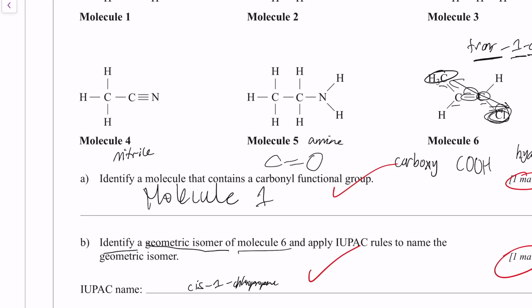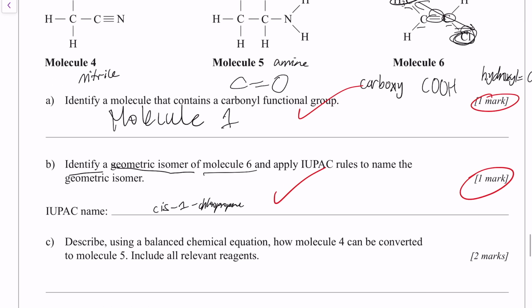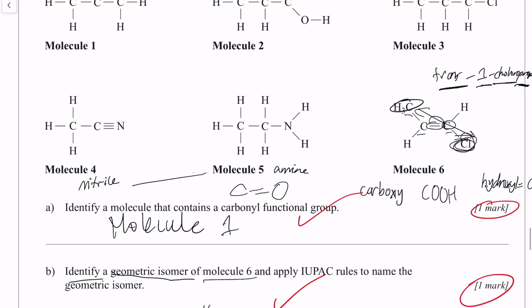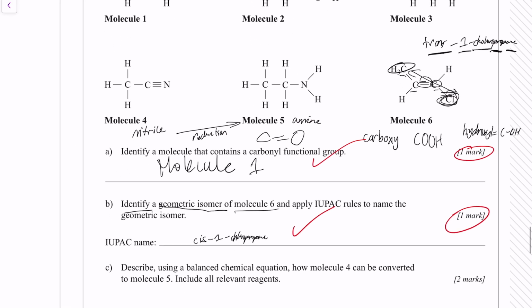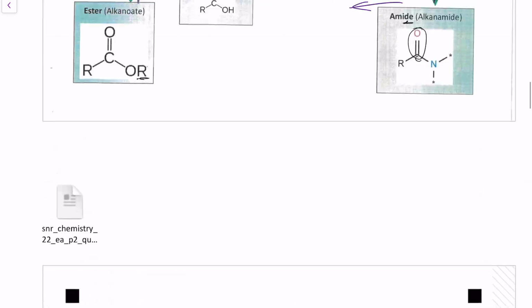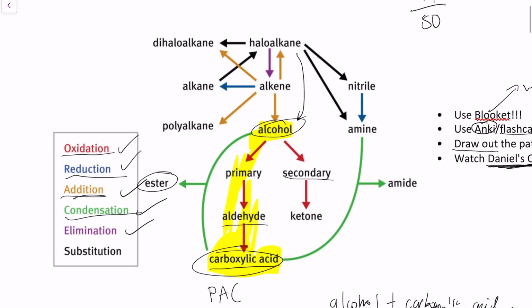Okay, so just know those organic groups, and just remember our pathways. Nitrile to amine is a reduction reaction, because remember from the diagram just through visual memory that a nitrile is that blue arrow to amine because we're reducing those number of bonds.